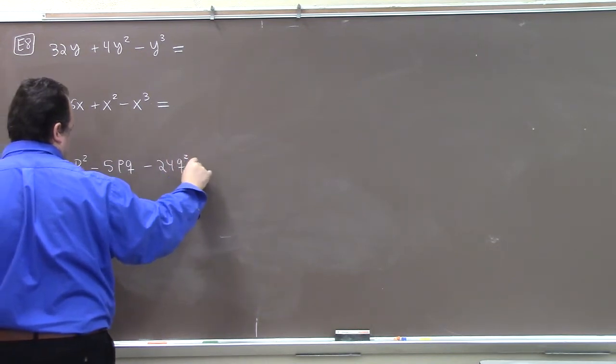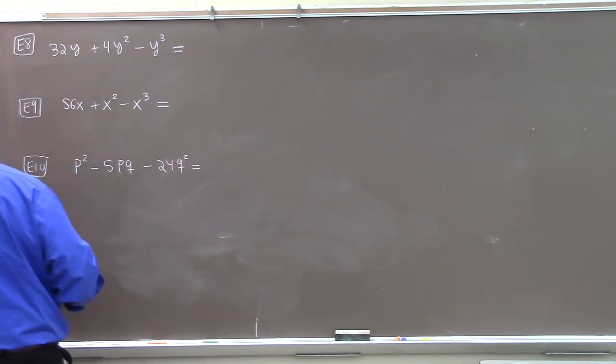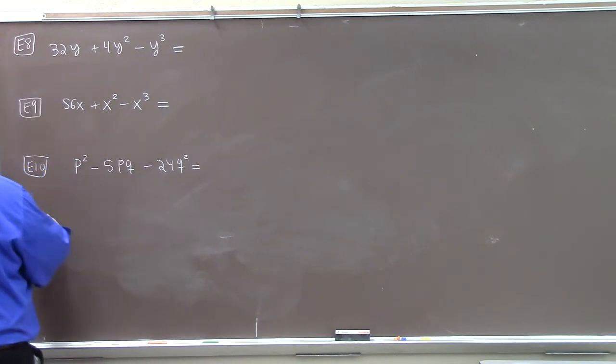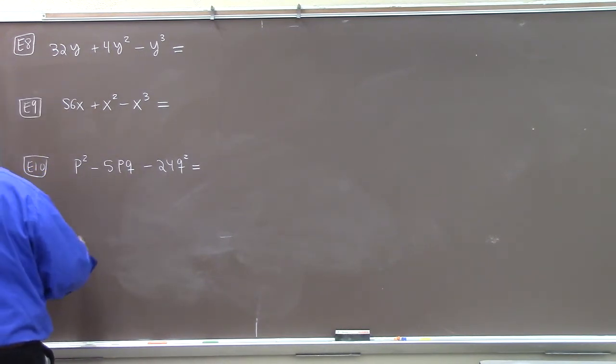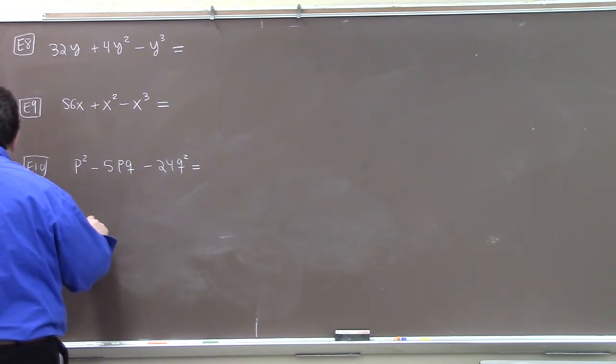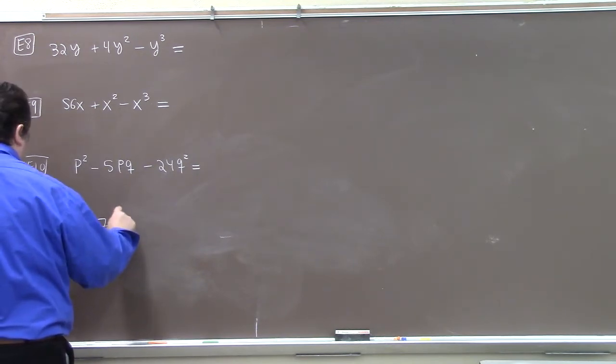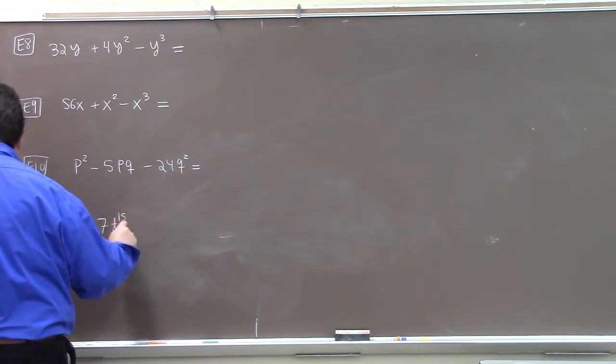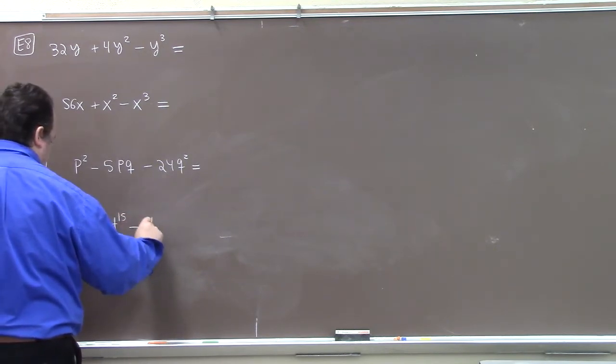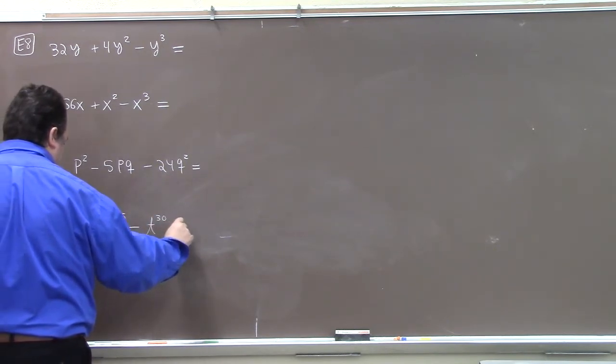This one's actually really quite different. Example 11: 8 minus 7t to the 15th power minus t to the 30th. Wow. Well, fancy pants. Look at that one.